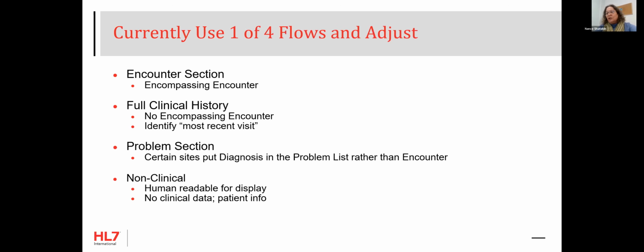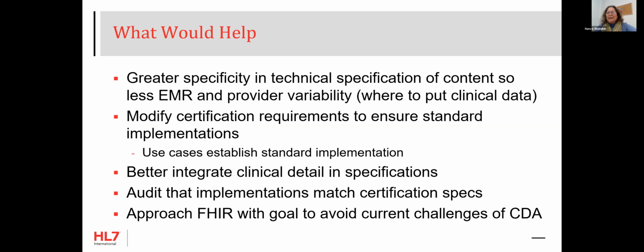Each one of these allows us to start getting at the discrete data in the CCD, and then we have to modify these as we go along. And we sort of imagine that as we keep moving through this, and John may have some experience with this already, we'll have many more than 4 master flows. We'll have 20 or 30 master flows, and then our lives will be a little bit easier.